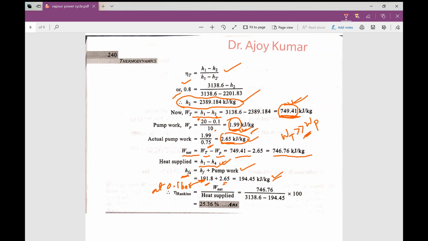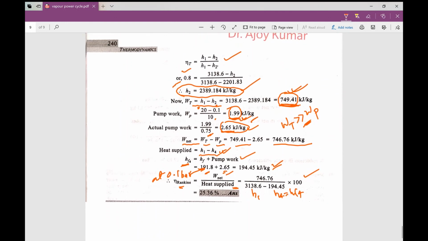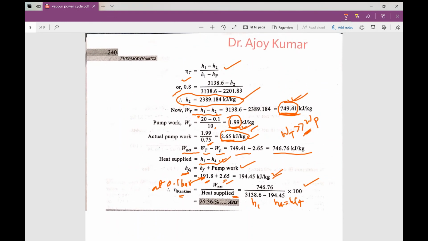So we can now calculate turbine work divided by heat supplied. This is your heat supplied, this is your H1, and this is your H4. So we can calculate the efficiency of this Rankine cycle like this, where turbine efficiency and pump efficiency are given to us.